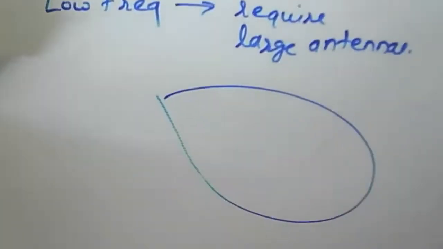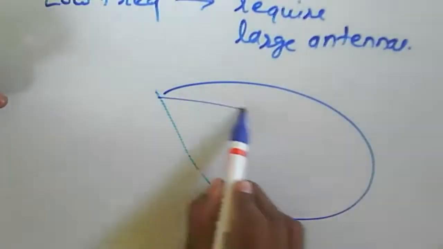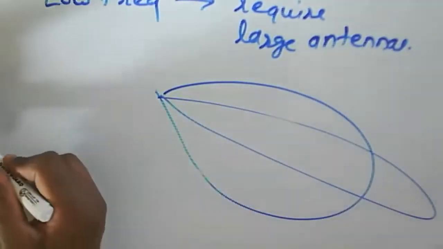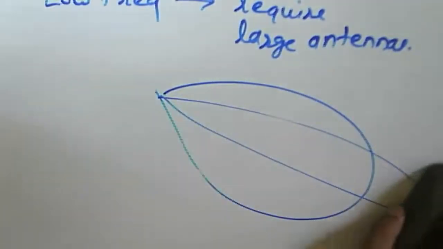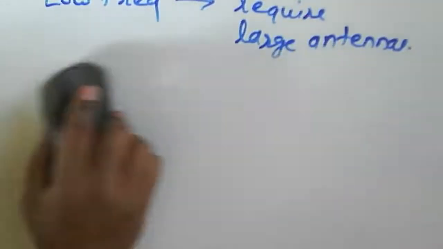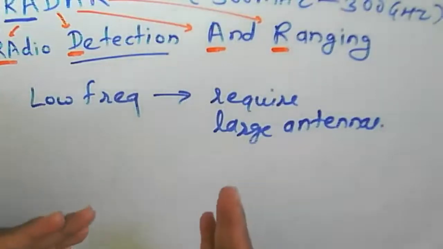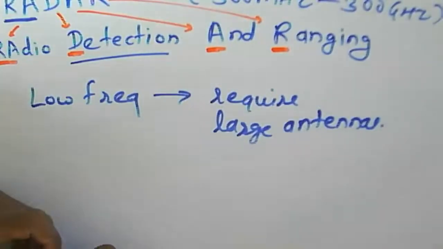This one is a larger beam, and what is a narrow beam? This is the narrow beam, and this one is a broader beam. Likewise, we can consider what the operating frequencies will be. According to that, we require a large antenna, or an antenna that will provide a larger beam.